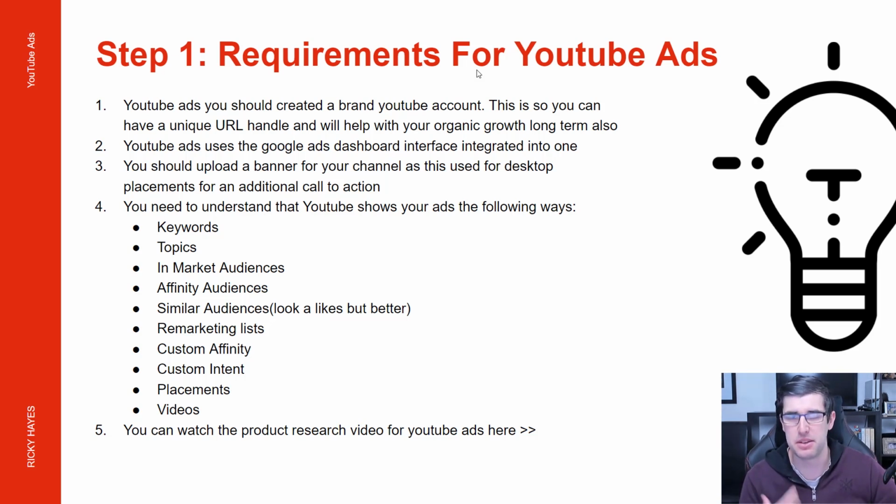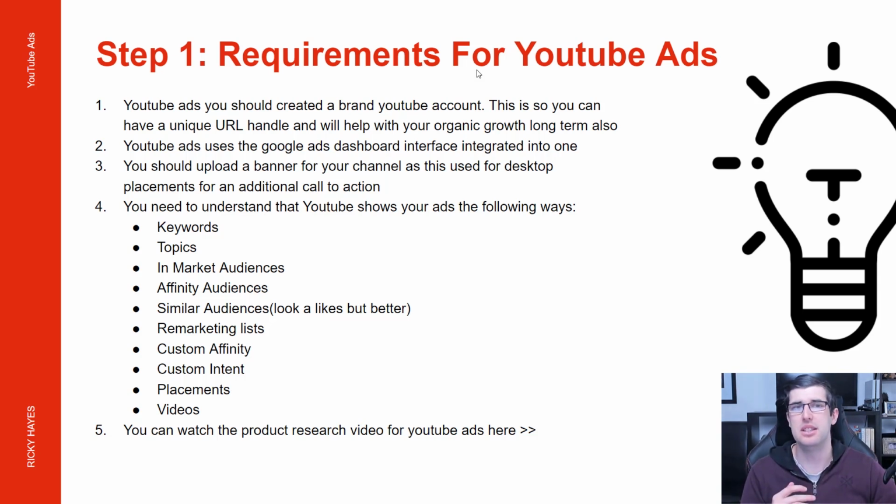In-market audiences are a bit advanced, so I won't get too much into that, and the same with affinity, but they're audiences you can rank off. They're very good audiences. Similar audiences is basically a lookalike audience, but better. However, they're far harder to get a good one initially, because you can't make them as quickly as you can with Facebook. That's a pretty advanced thing. For people in the course, you'll know about that already.